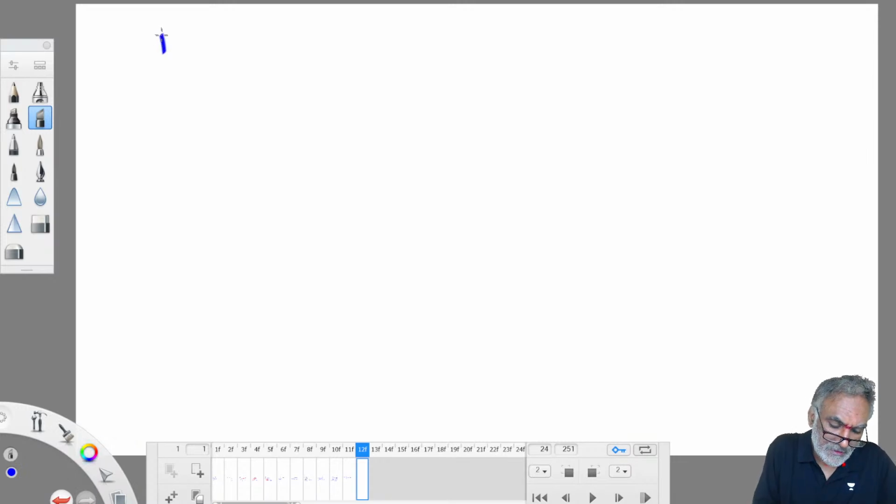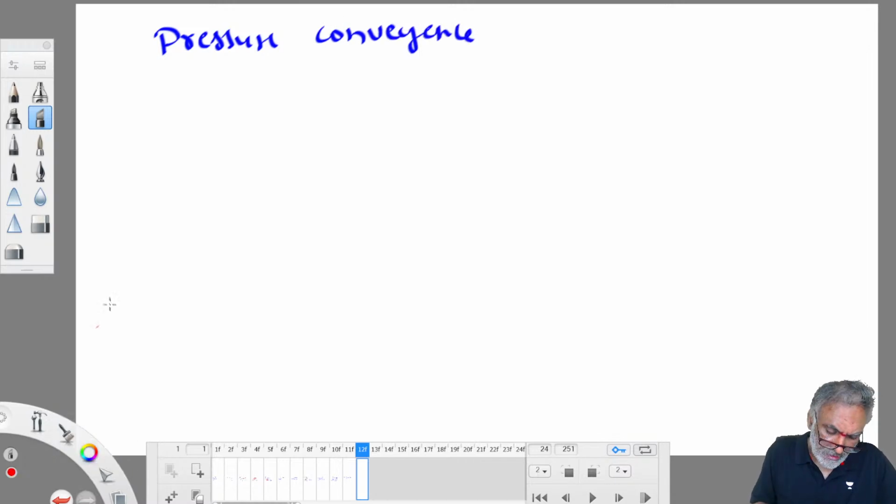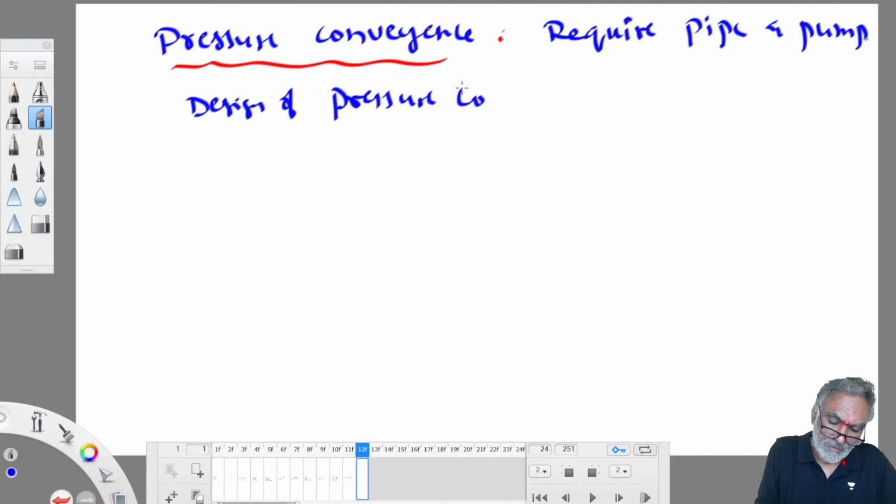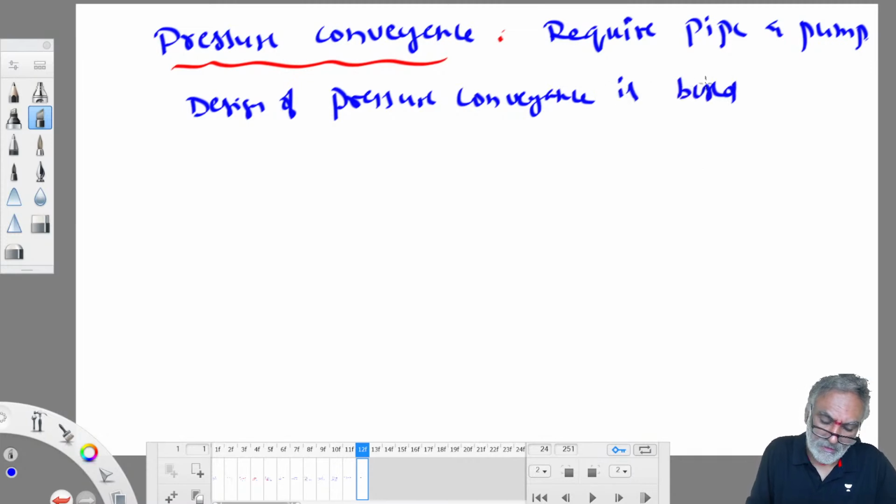So pressure conveyance requires pumps and pipes. So the design of pressure conveyance is based on mechanics.